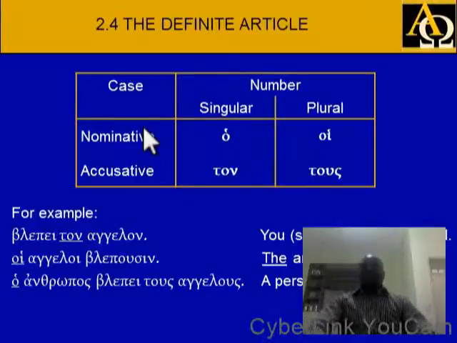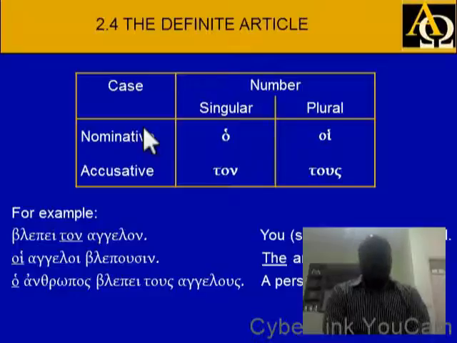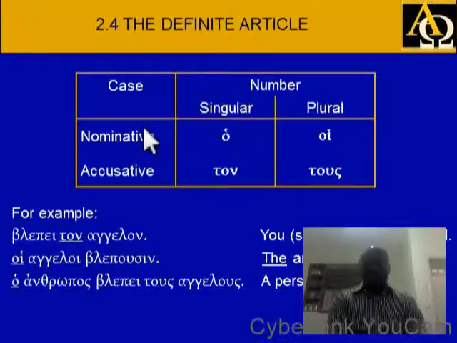So with those Greek nominative nouns, we also need the definite article. The definite article is the. So when we use the, it's the definite article. Now in Greek, ho is our the. Hoi is the plural of the same.